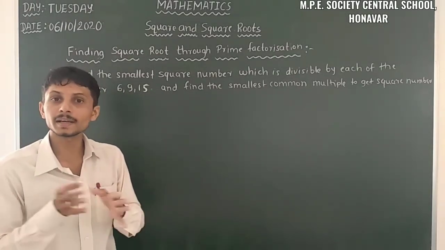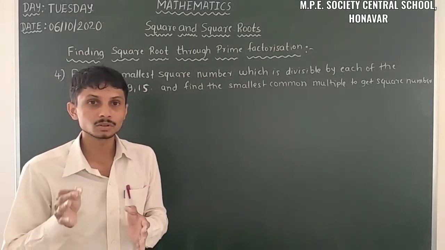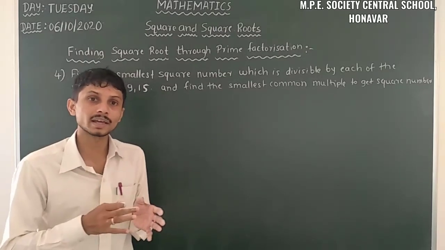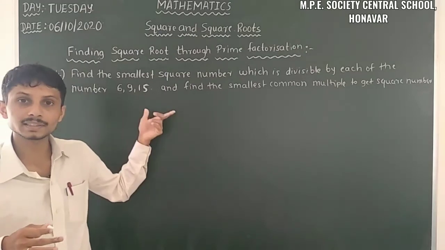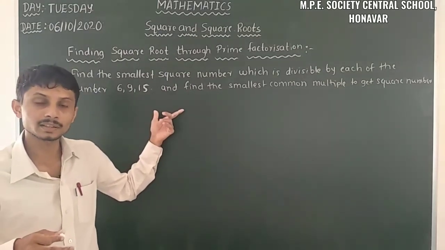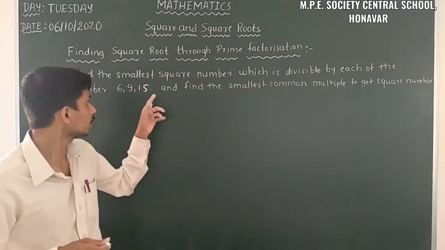Here HCF is different, LCM is different. We already know about HCF and LCM. When we have the highest common factor, we take the HCF, the highest number that divides all these numbers.